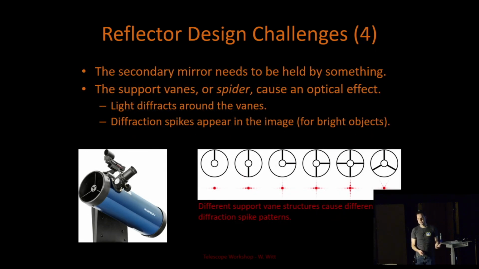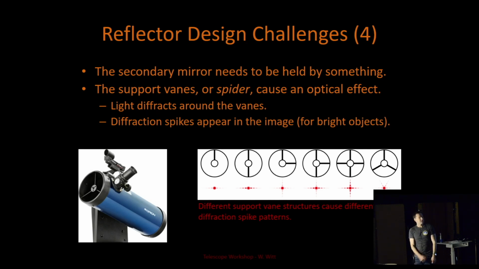So the secondary mirror needs to be held up by something, right? It can't just float in the middle. Maybe you could use magnets or something to make that happen. That might be cool. But in practice, it doesn't. And so it's held up by a truss of these vanes or this spider support mechanism.